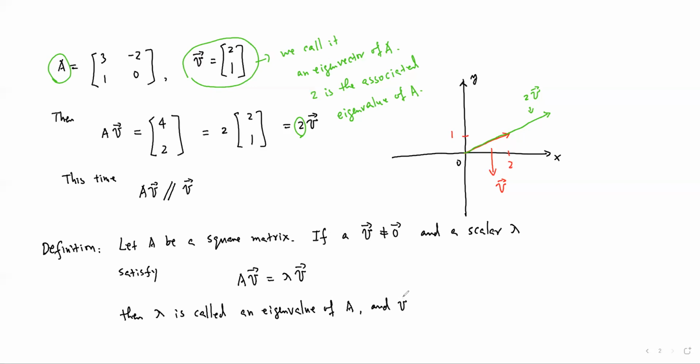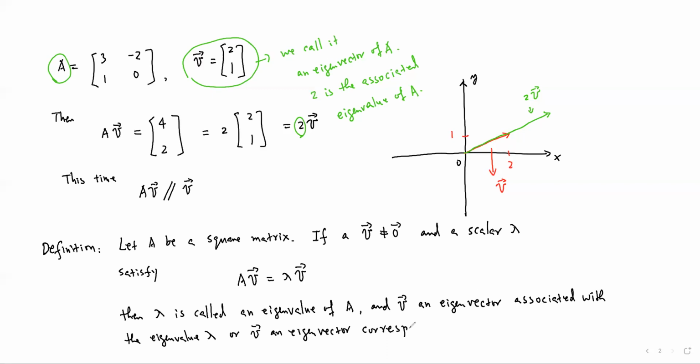V is an eigenvector associated with the eigenvalue lambda, or we also call V an eigenvector corresponding to the eigenvalue lambda.